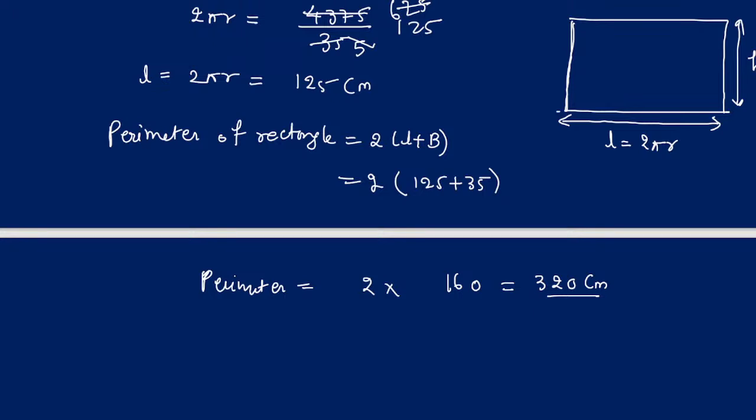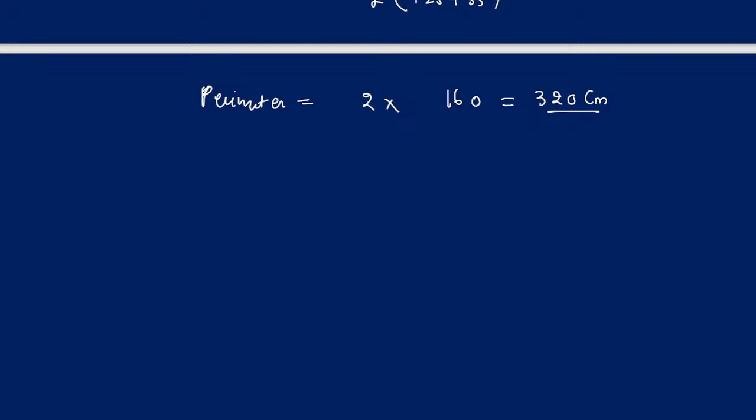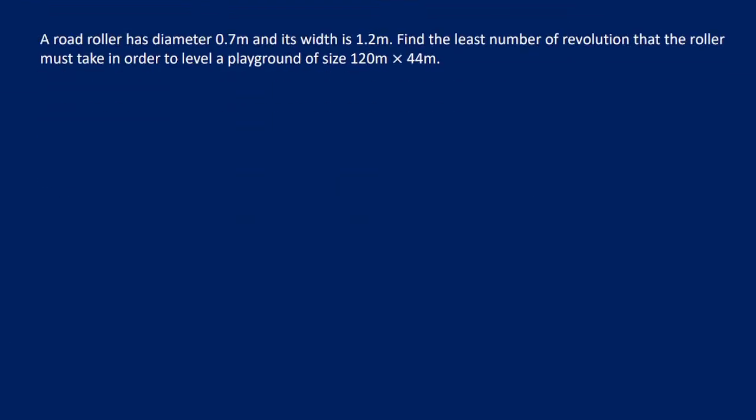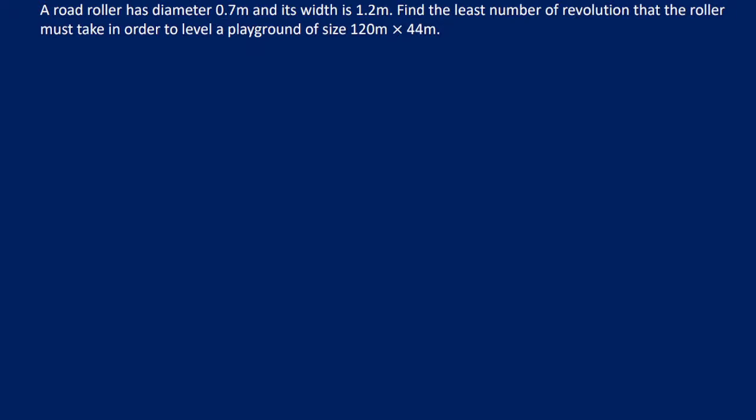Okay, now move to the next question and we'll understand it from your book. This question is also from your book. A road roller has diameter 0.7 meter and its width is 1.2 meter.